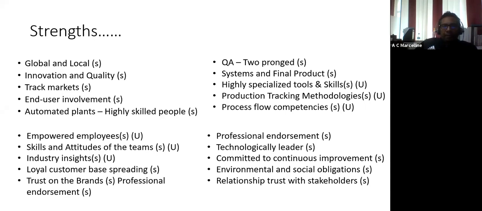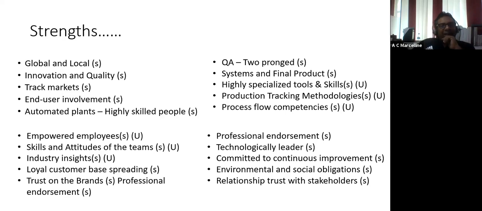The buyers know what they are doing, the employees know what they are doing. So major stakeholders know, and they have trust in the organization, which is an absolute strength. So you could see a very nice organization.